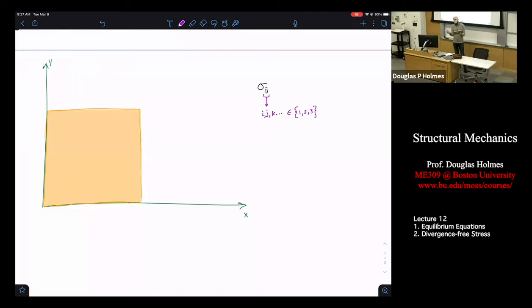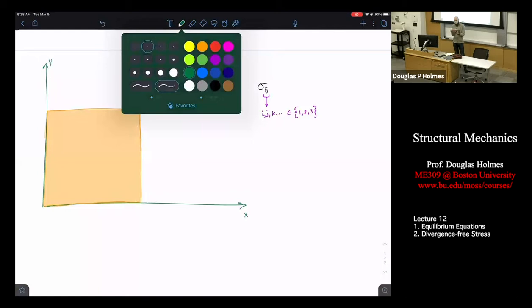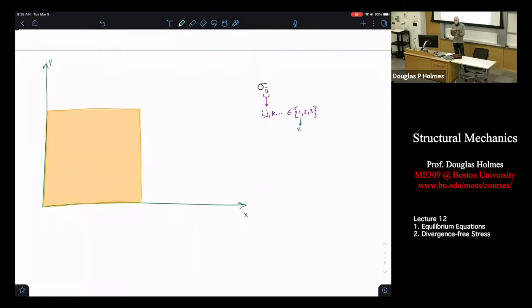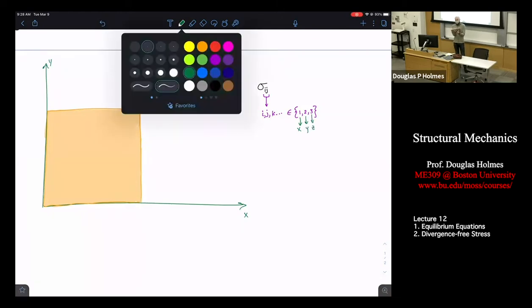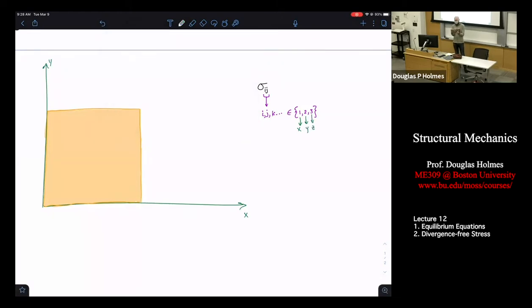But if you map in your head 1 to x, 2 to y, and 3 to z, then you can have quantities like sigma 1, 2, which would be sigma xy, which would be a shear stress, because it's stress in one direction, stress in another direction.